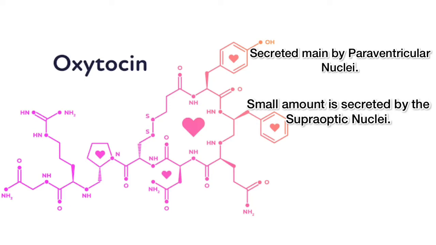We say that the antidiuretic hormone is secreted in large quantity by the supraoptic nucleus of the hypothalamus, and in small quantity by the paraventricular nucleus. So once oxytocin is secreted by the paraventricular nucleus in large quantity and in small quantity by the supraoptic nucleus, it is transported from the hypothalamus to the posterior pituitary gland through the hypothalamo-hypophyseal tract.